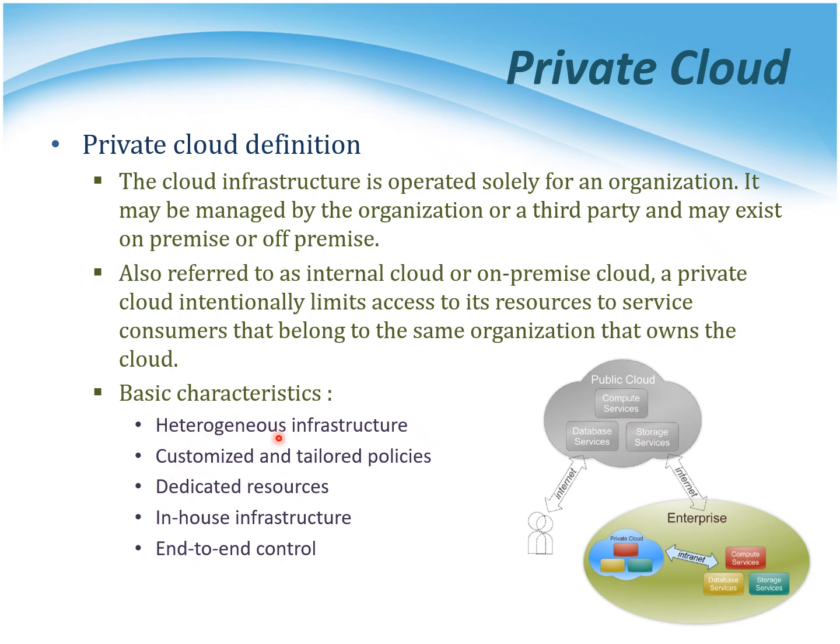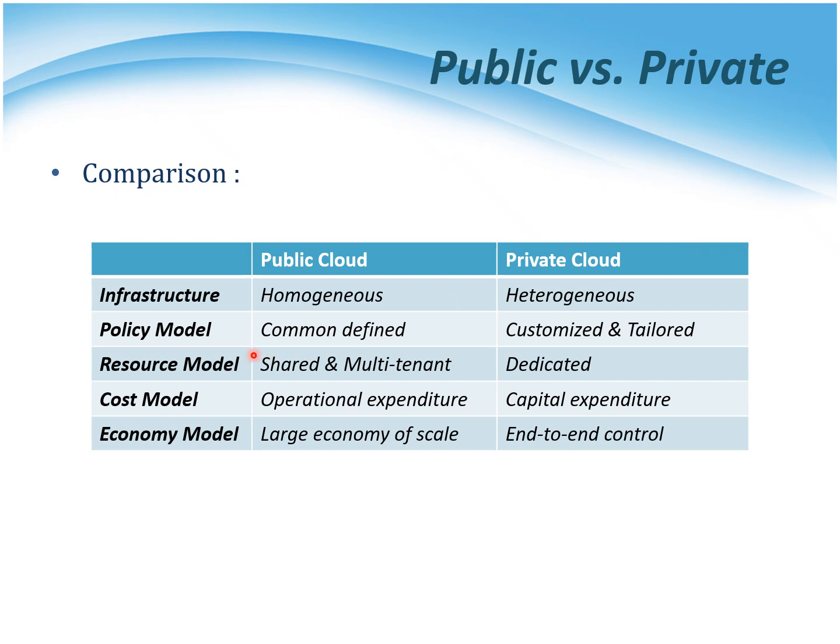So basic characteristic: heterogeneous infrastructure, customized and tailored policies, dedicated resources, in-house infrastructure, end-to-end control. So this within the same. So what is the difference between public versus private? Infrastructure homogeneous, it is heterogeneous. Policy model common defined, customized and tailored for that particular organization.